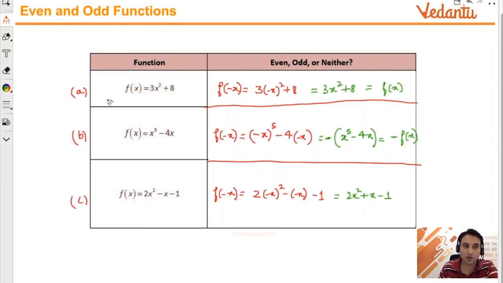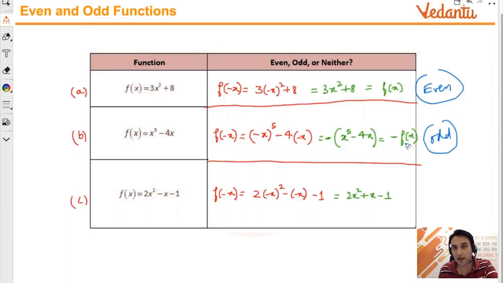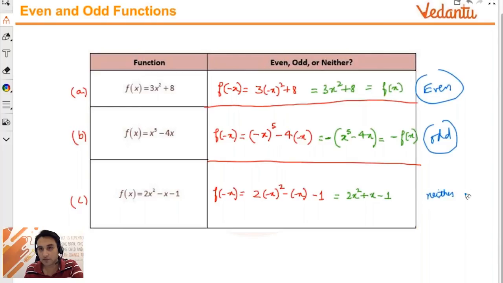So by the definition, you can now easily see that here f of minus x is equal to f x. So this is even. This is odd because f of minus x is minus f x by definition. This is neither even nor odd, because f of minus x is neither minus f x nor f x.